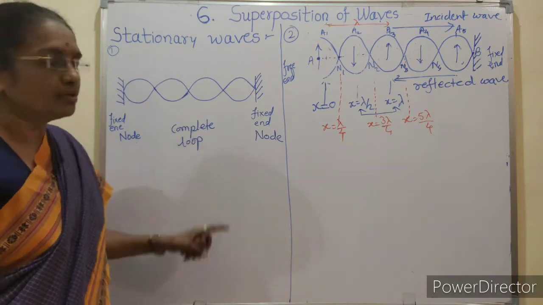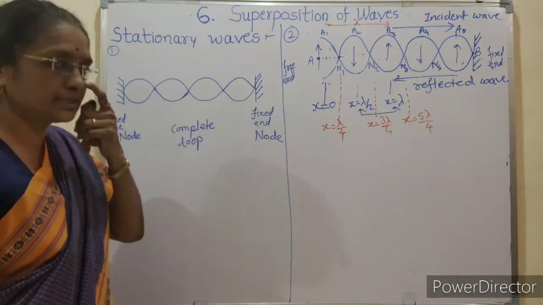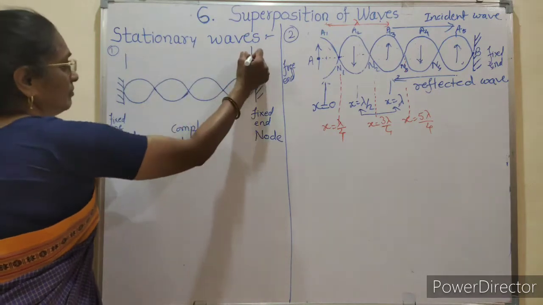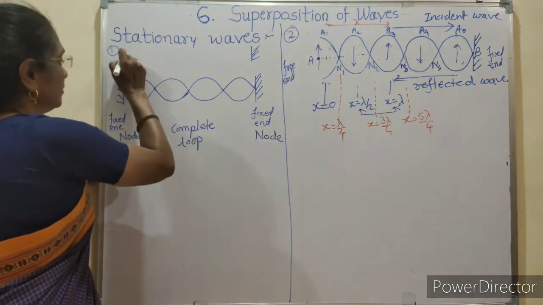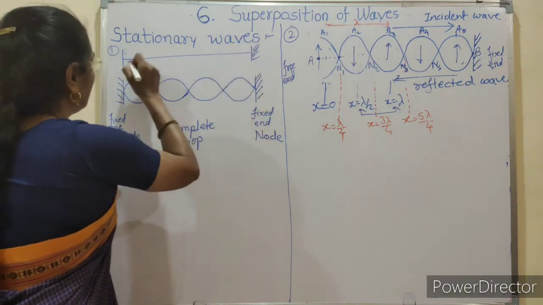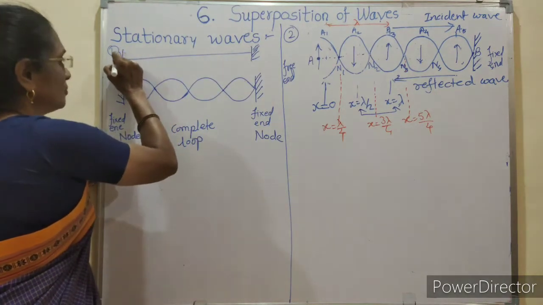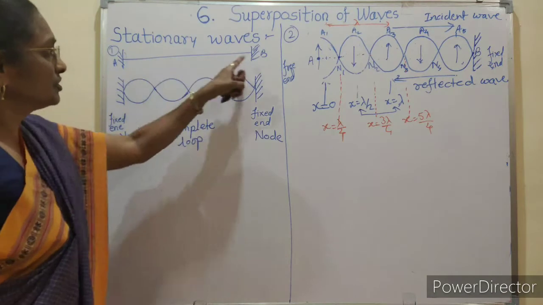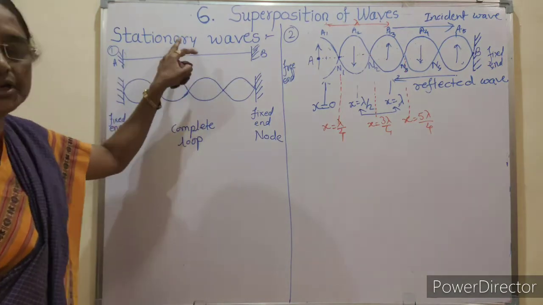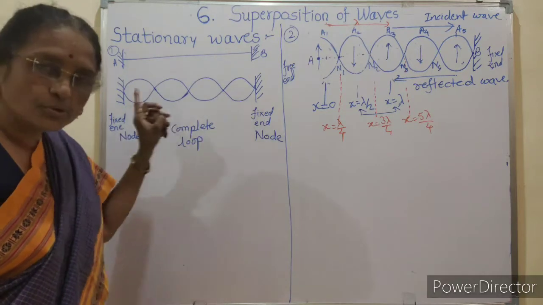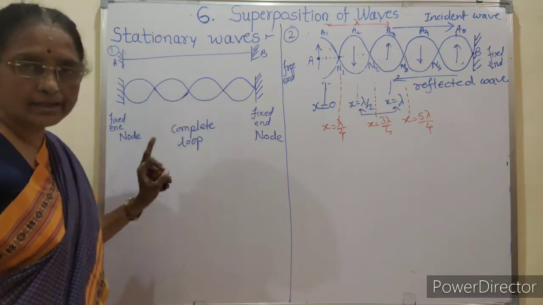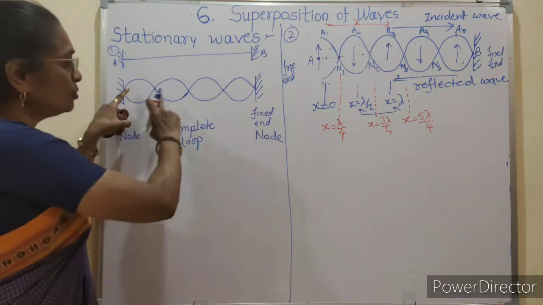So in this particular example of a stretched string between two rigid supports, suppose A and B, the string is stretched, and if it is disturbed, oscillatory disturbance is given, and suppose the loops formed are like this, we count the loops.